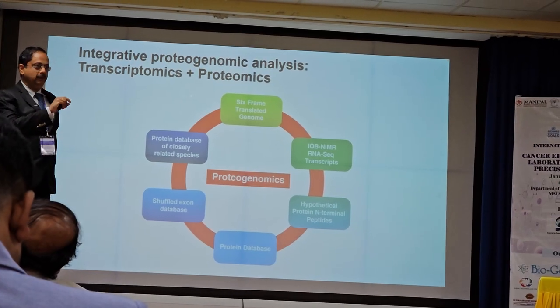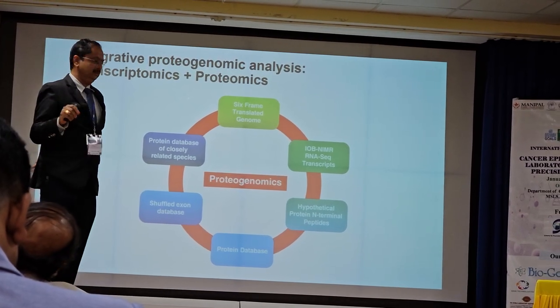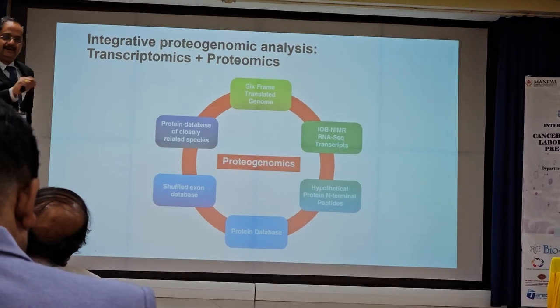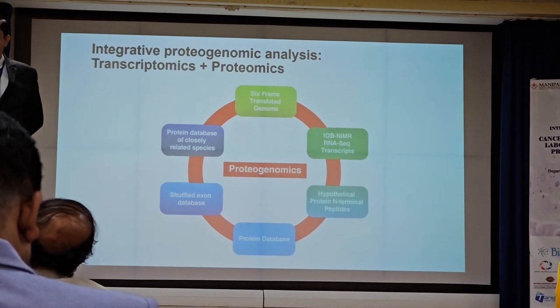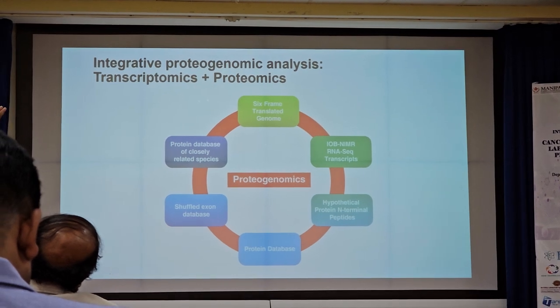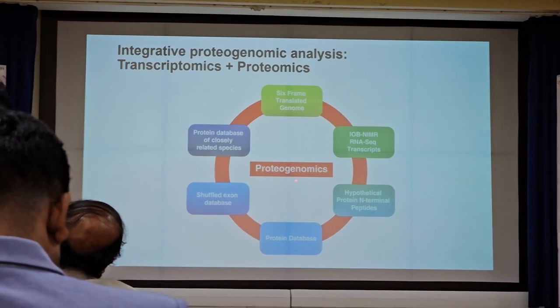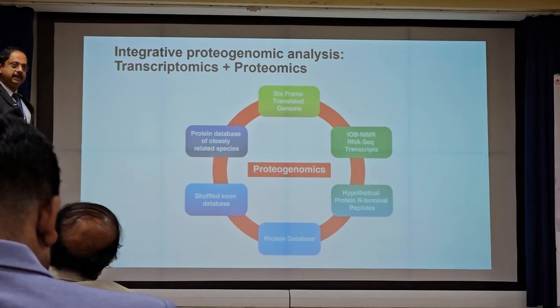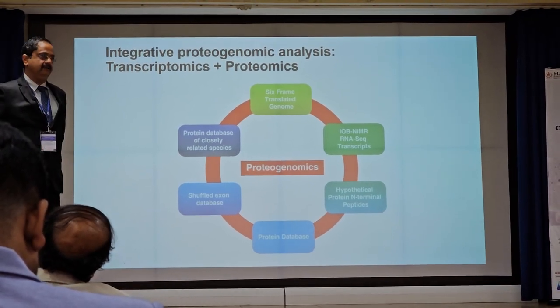If the genome is available, you translate it into 6 frames, or you can use RNA-seq data sets and translate them into 3 frames, and create conceptual protein databases which can be searched. The protein you have extracted can be searched against that.